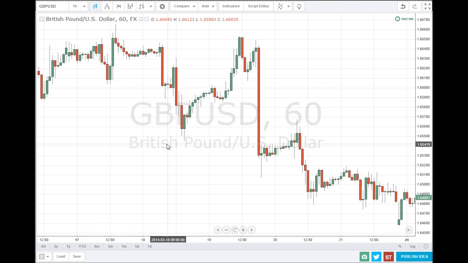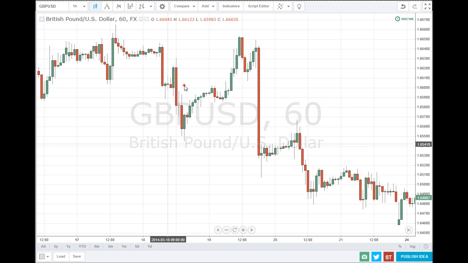This is an hourly chart of the Great British Pound against the US dollar to demonstrate my teaching of not taking single signals but taking multiple signals. As mentioned, this is an hourly chart of the pound against the dollar.